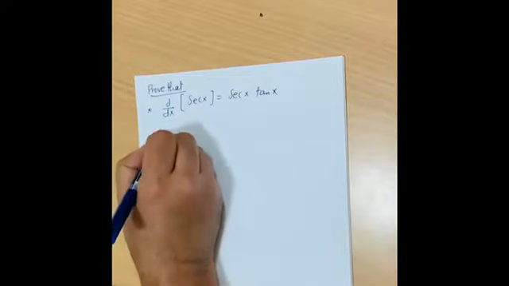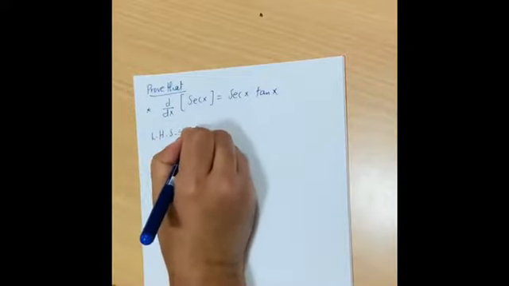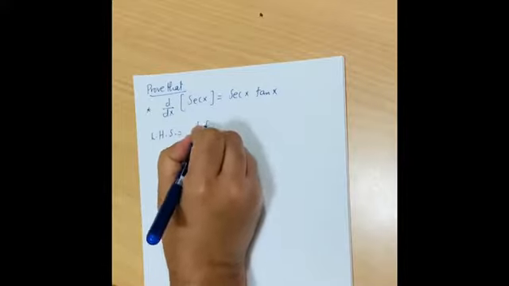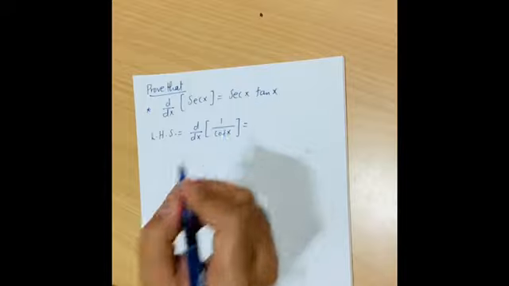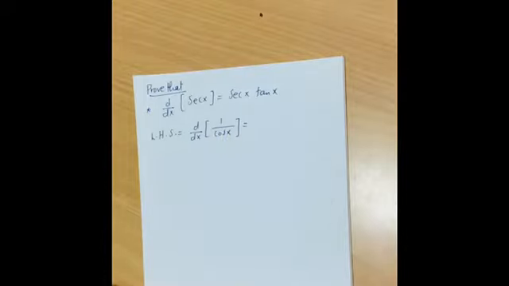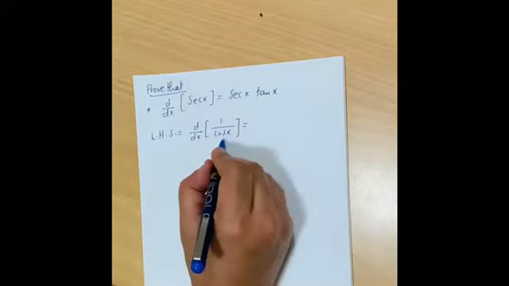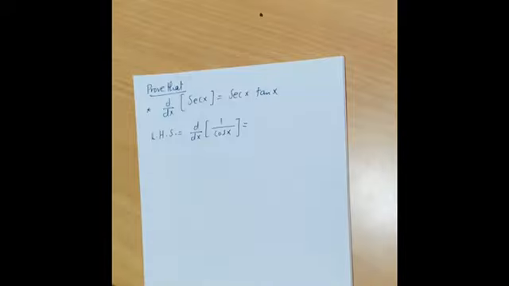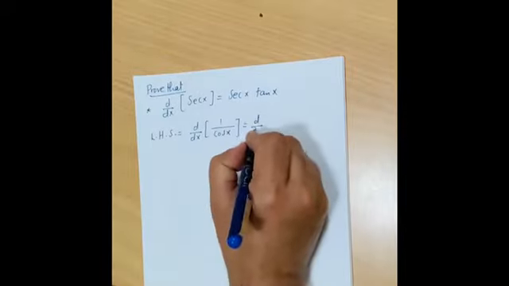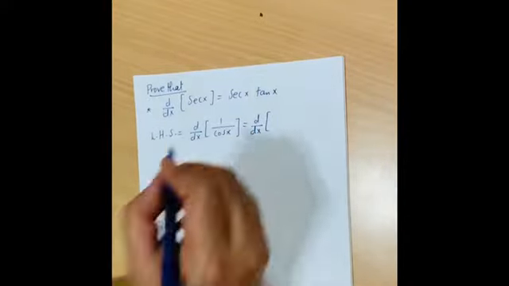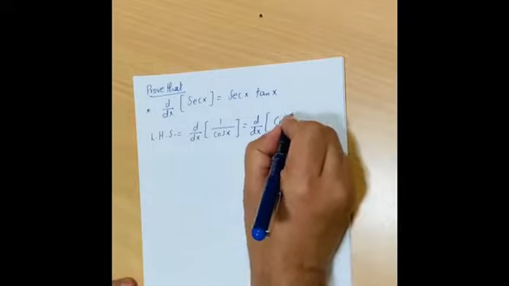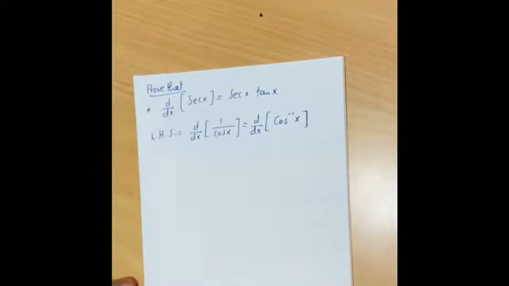So start from the left hand side, d by dx of 1 over cosine x. Here we can use the quotient rule, and we can use the chain rule as well by moving the cosine from the denominator and changing the sign of the power. But I'm going to use the chain rule. I find it easier than using the quotient rule. So d by dx of cosine to the power of negative 1 x.